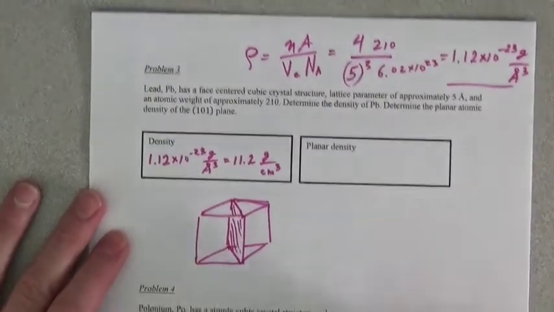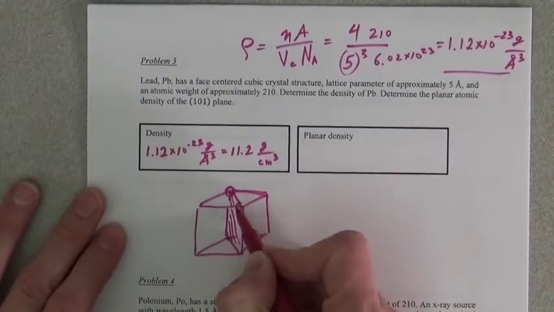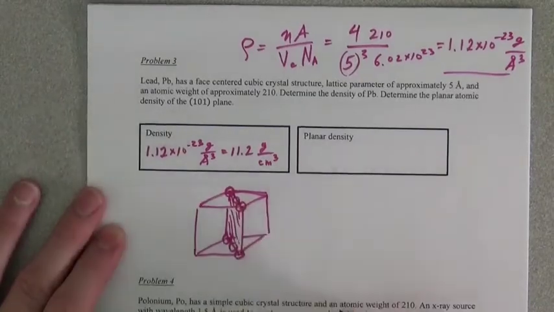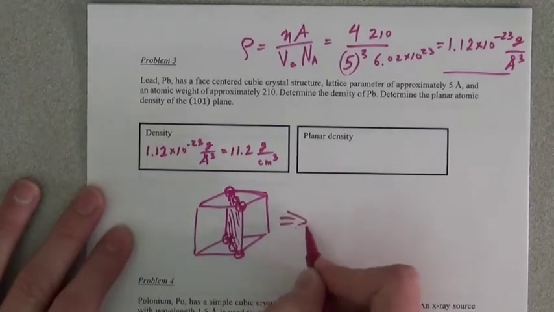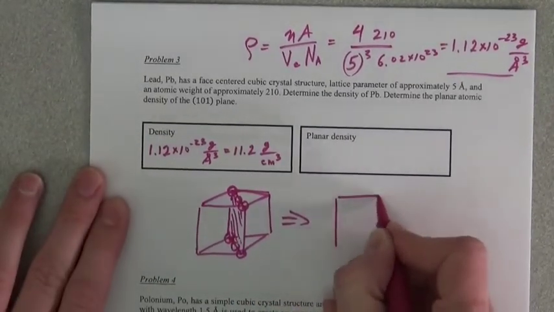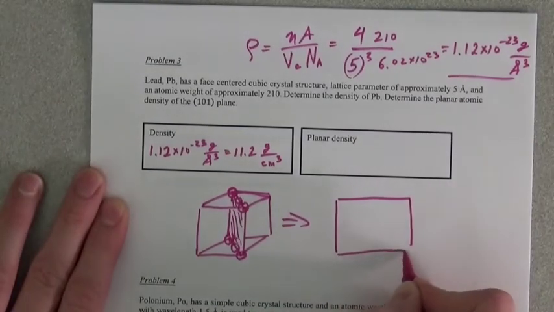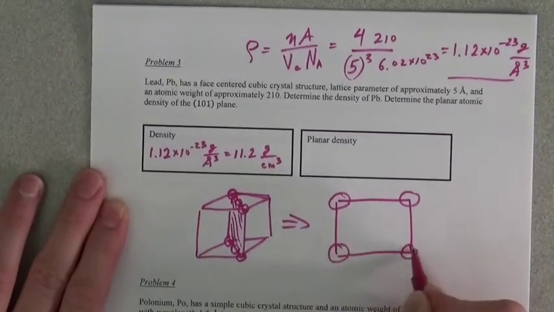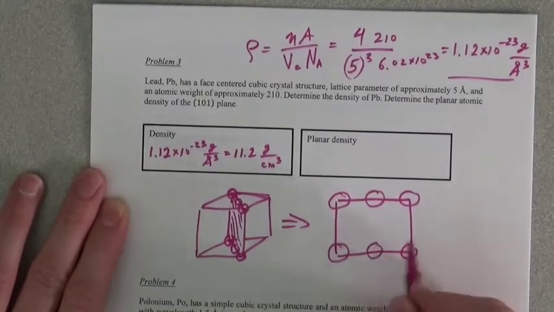And we know in an FCC we have atoms that are going to be on the corners and then in the center of the faces. So this translates into something that looks like this: atoms on the corners and in the middle.